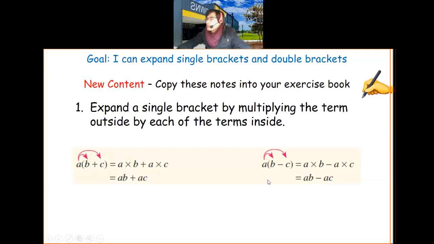And then here we've got A brackets B minus C again. Multiply the A, so the outside, by each of the things that are inside. So A times B minus A times C. And then we can simplify things if possible. All right, so that's for expanding single brackets.